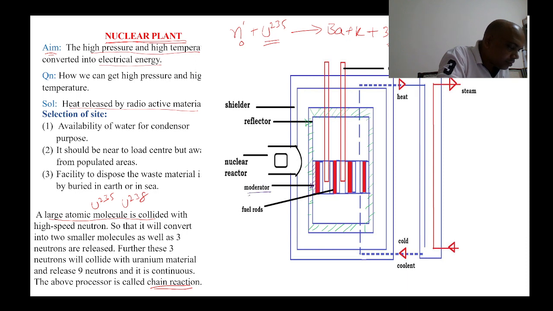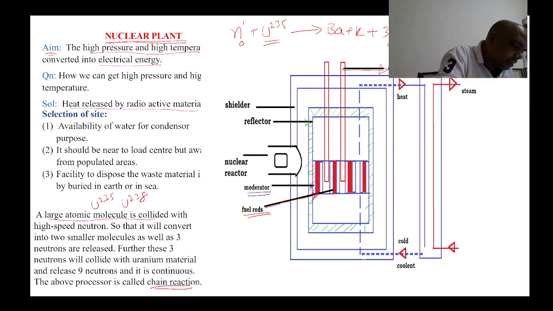This blue line represents moderator. And this red mark represents fuel rods. So this one is moderator, this one is fuel rod, and this one is control rods.